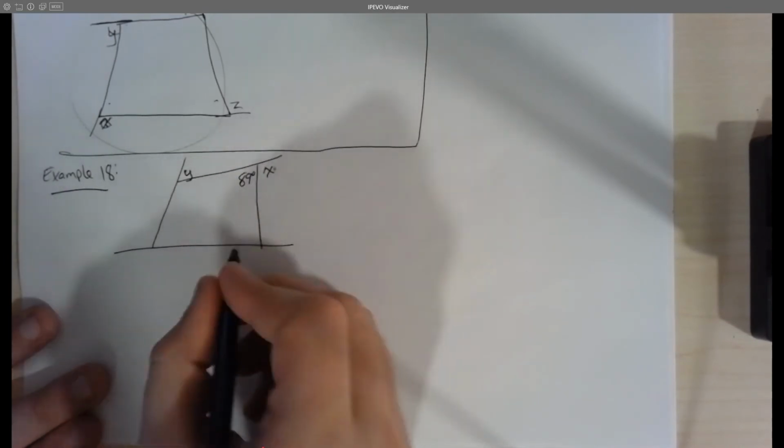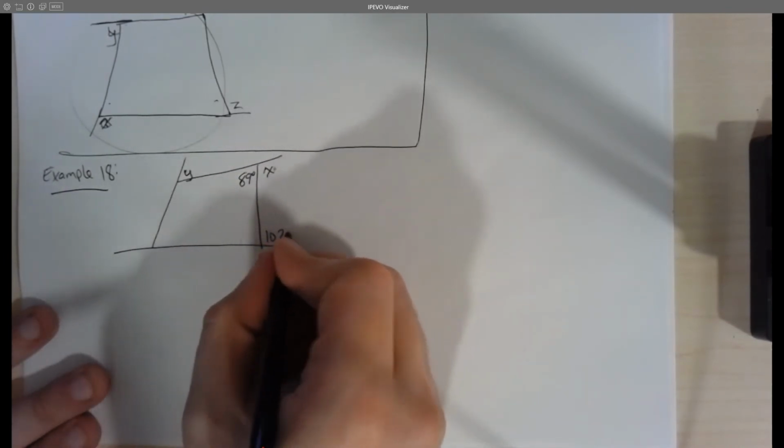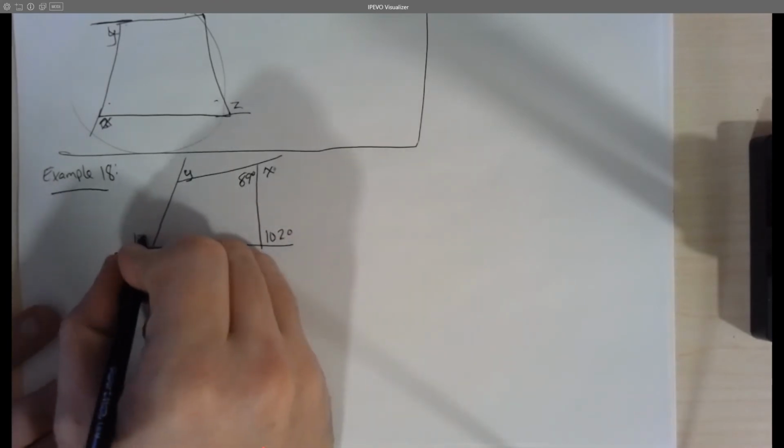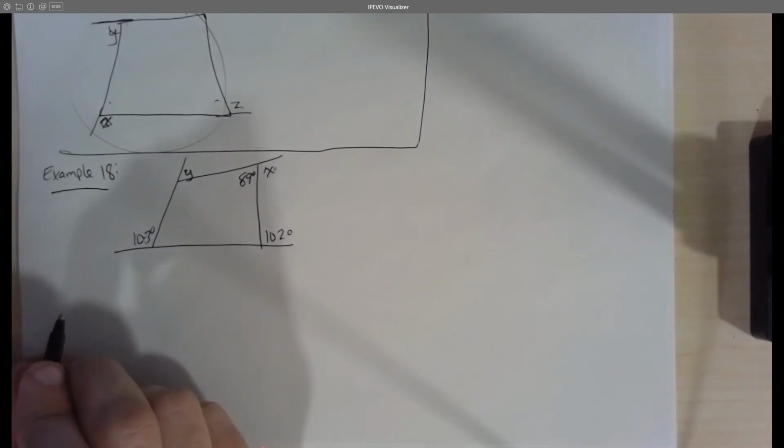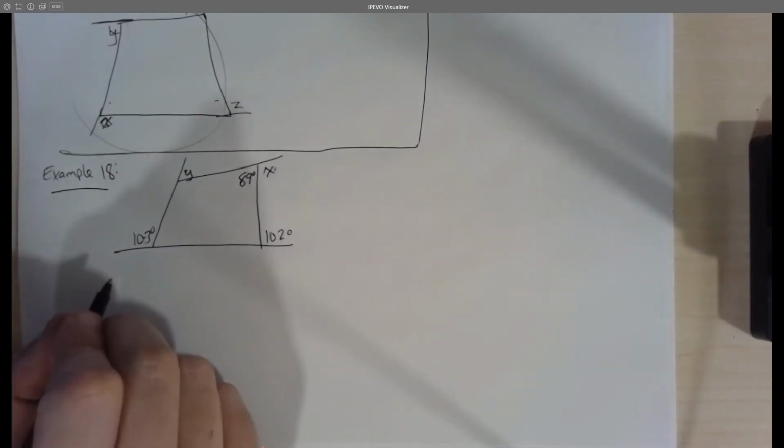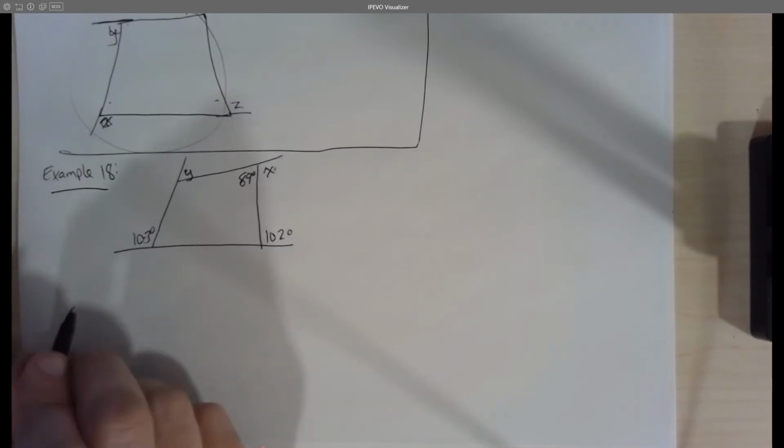This is 89 degrees, this is 102 degrees, and this is 103 degrees. Using these bits of information, we now need to solve for what's left.